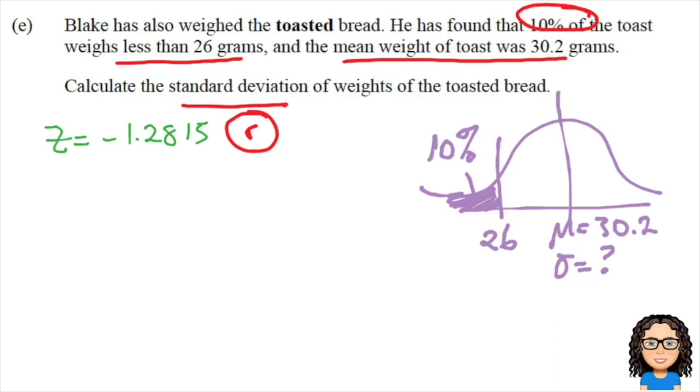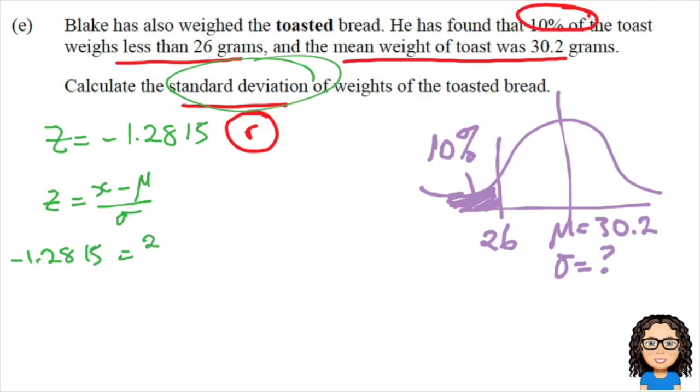Okay, so now let's look at what we need to do to get the excellence. We're trying to find the standard deviation. So we've got a formula, Z equals X minus the mean over the standard deviation. So our Z value, negative 1.2815, is equal to X, which is 26, minus the mean of 30.2, divided by the standard deviation that we don't know.